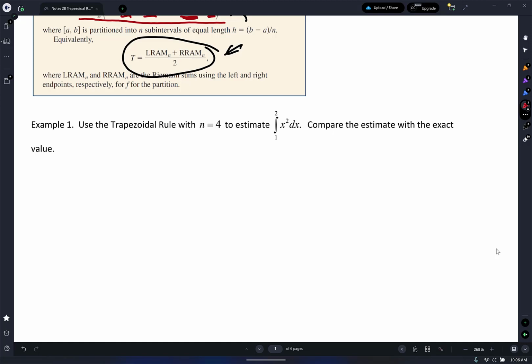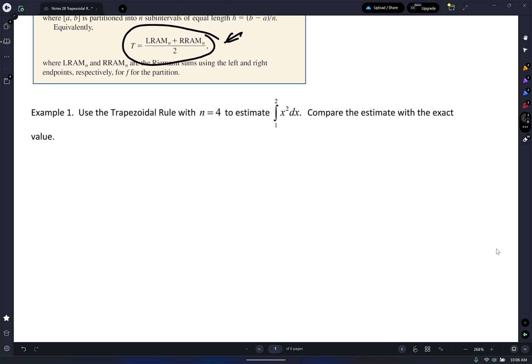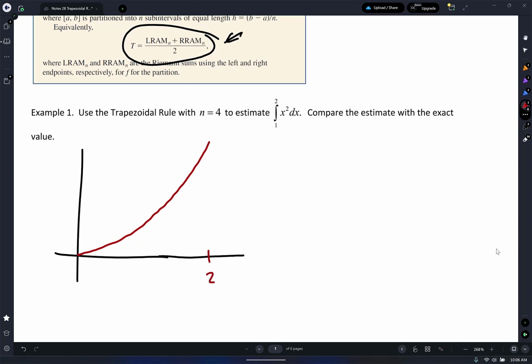All right, here we go. I'm going to exaggerate x squared in quadrant 1. I'm going to say this is 2, and I'm going to say this is 1.